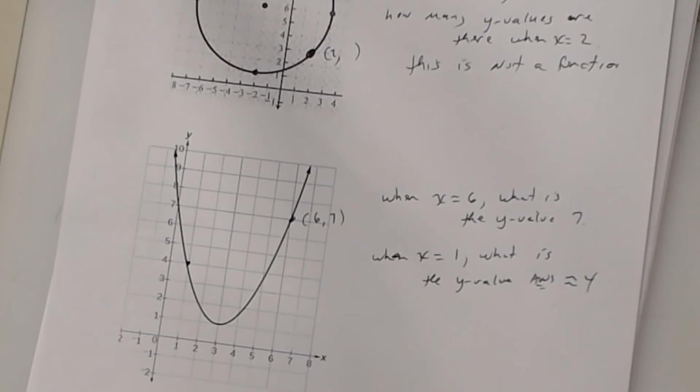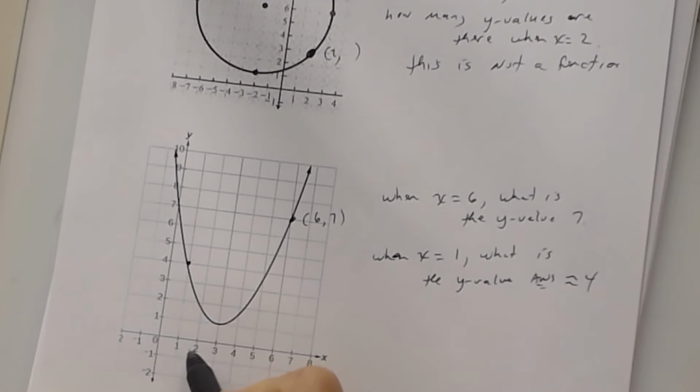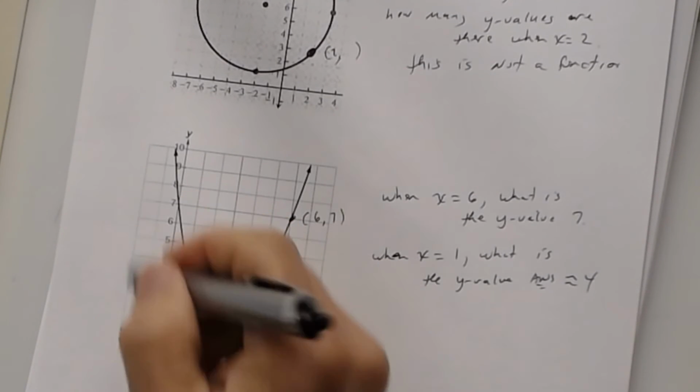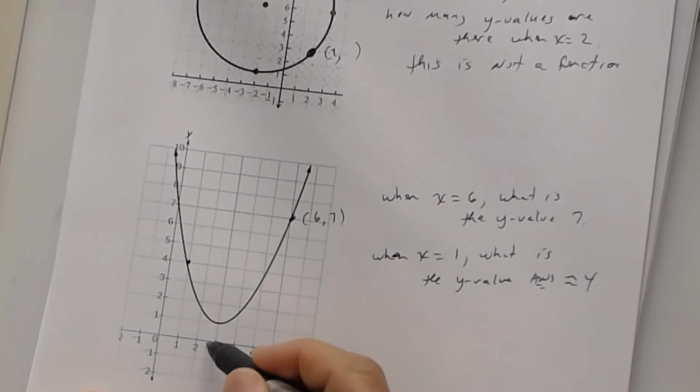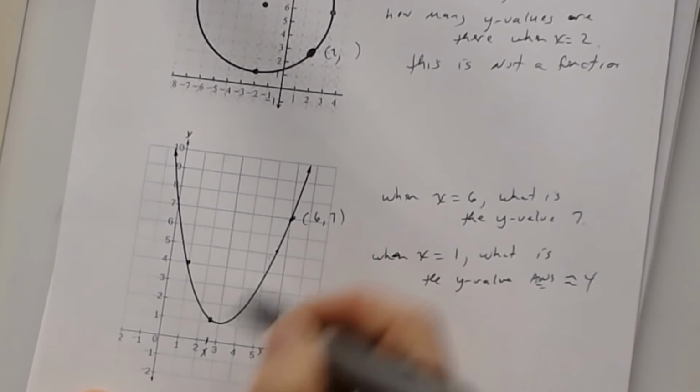In fact, if I ask you this question, for each x value, 1.2, 1.08, -10, for each x value, how many y values do I end up with? 1. Just 1. For this x value right here, there's only 1 y value. For this x value right here, there's only 1 y value.